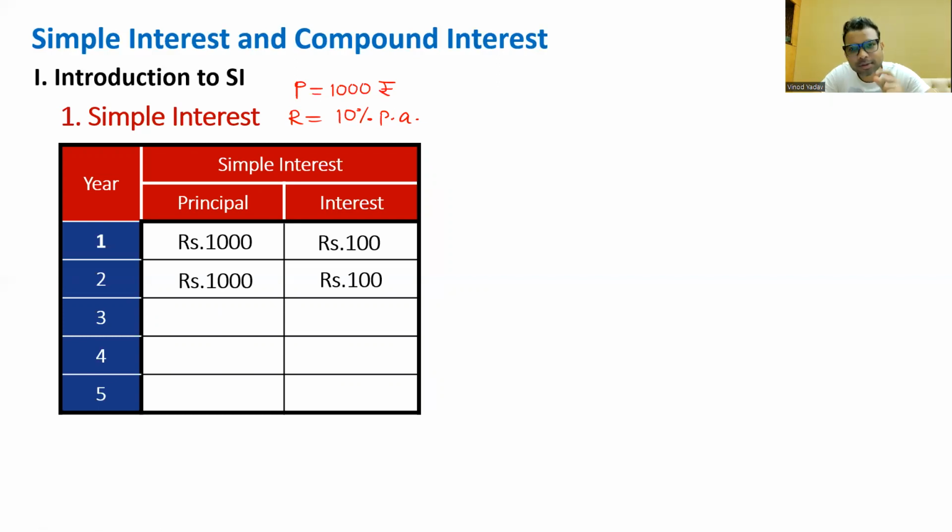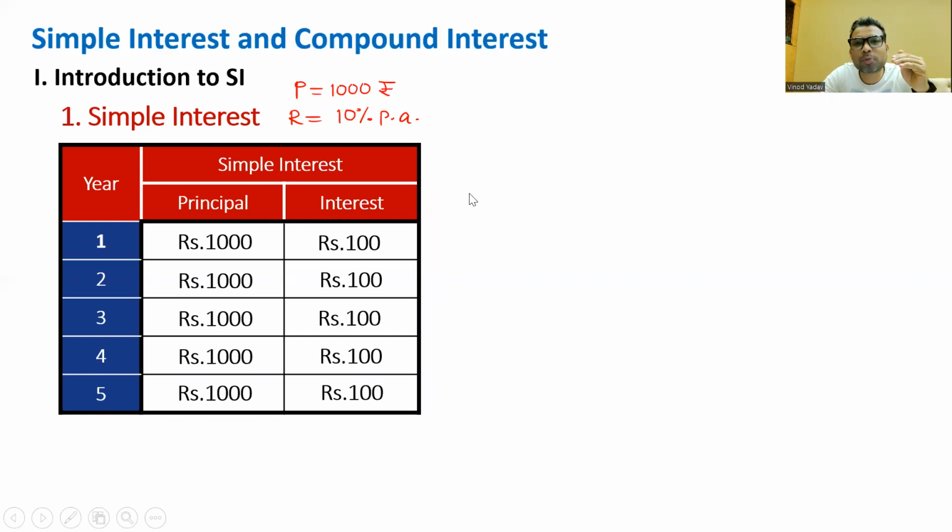Why? Simply because 1,000 rupees is not changing. So I am keeping my principal fixed as my original principal 1,000 rupees. So every year it will be 1,000 rupees only. If the base is not changing, why will the interest change? So every year fixed interest, that is 100 rupees.